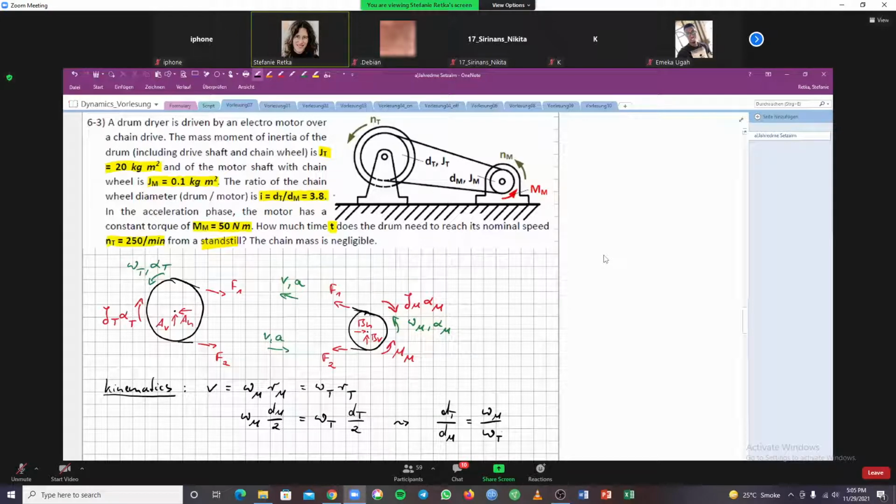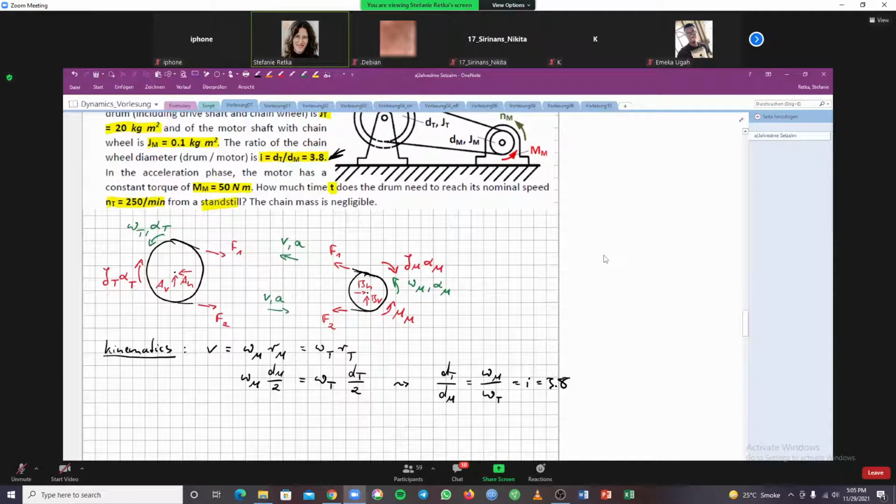And this ratio is given in the problem description. This is I, which is 3.8. And this is my kinematic condition, a relation between two kinematic variables. So it's omega m is equal to I times omega t.